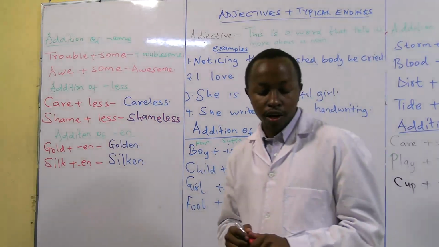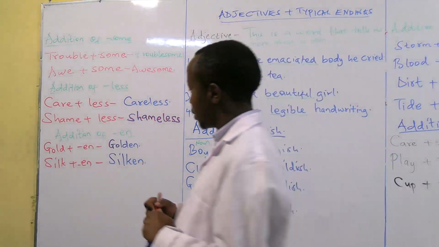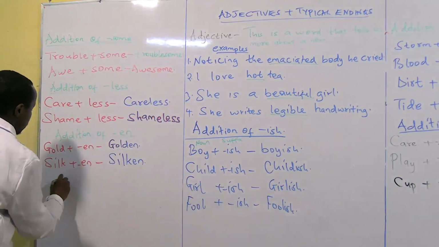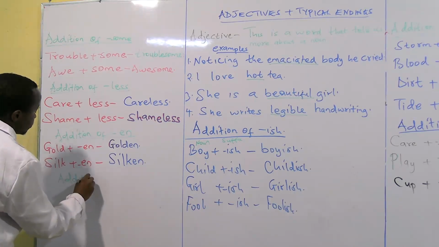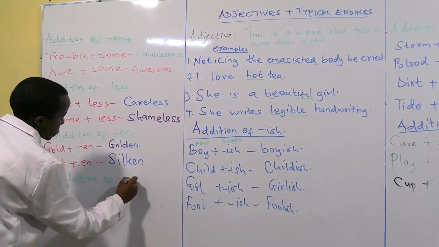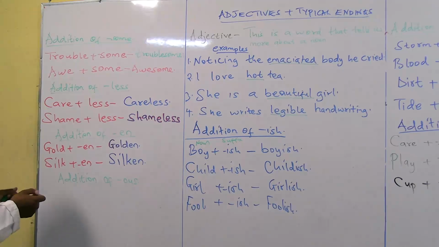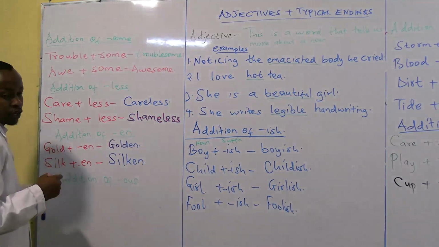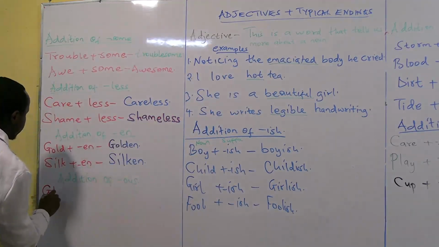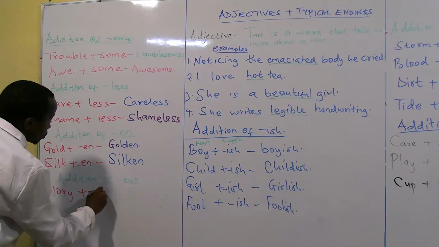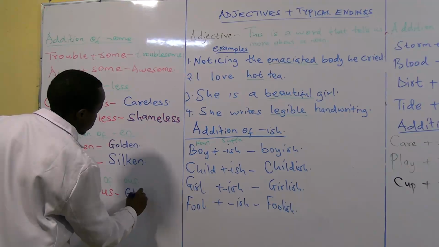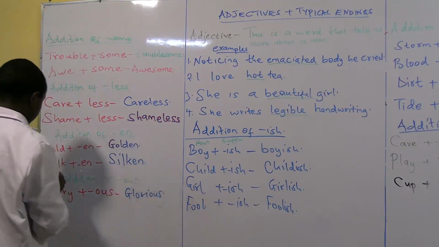We have addition of ous. Addition of ous becomes, for example, glory plus ous becomes glorious.